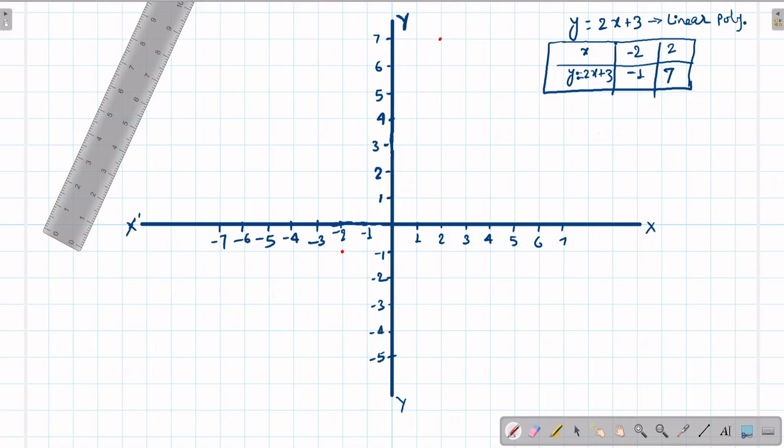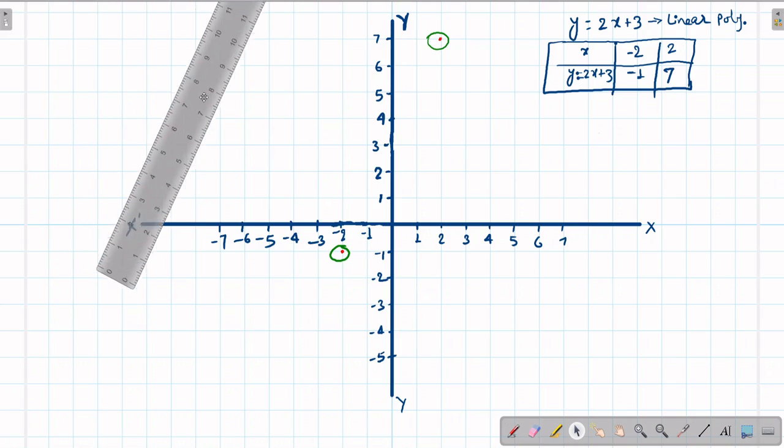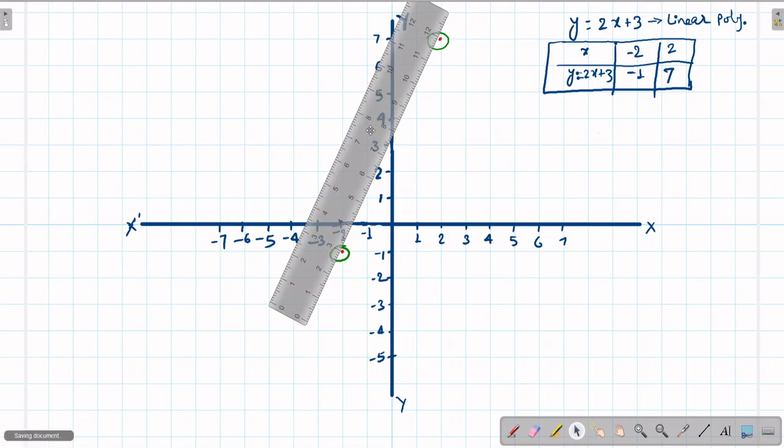Now you have this point and this point. As you know, to draw a straight line you need at least 2 points. You have these 2 points now, and you can join them to get a straight line.